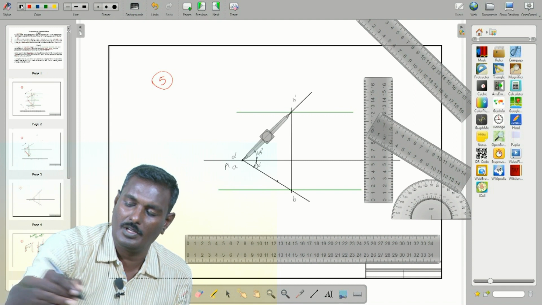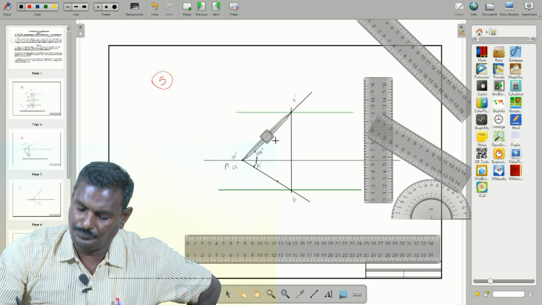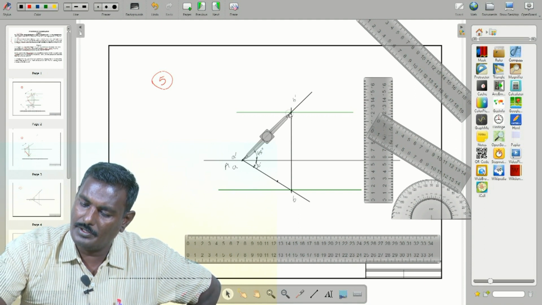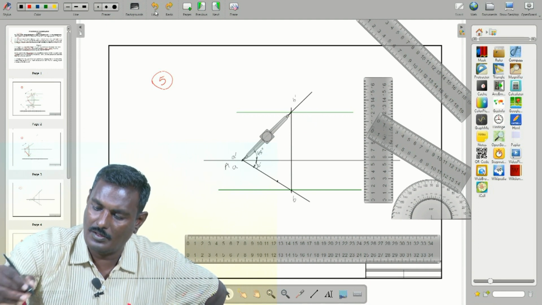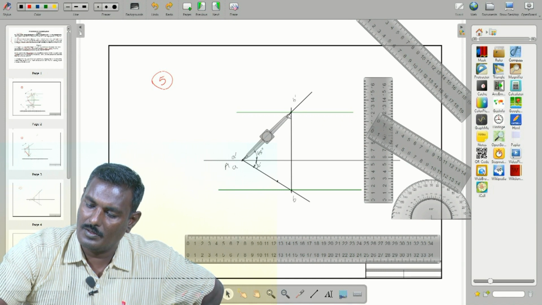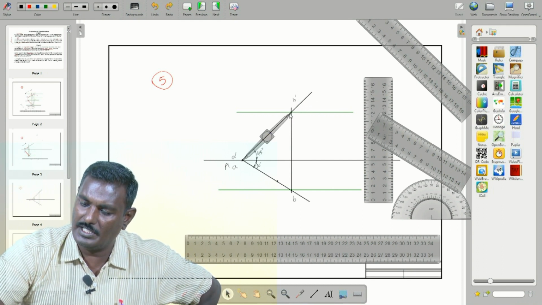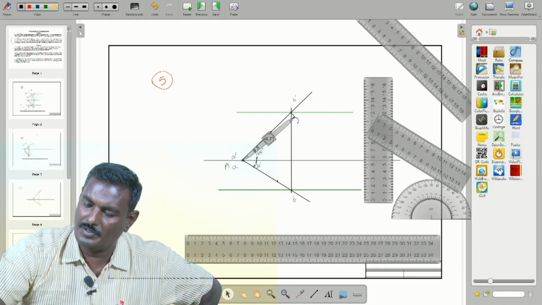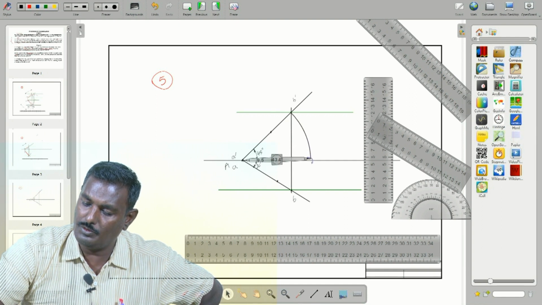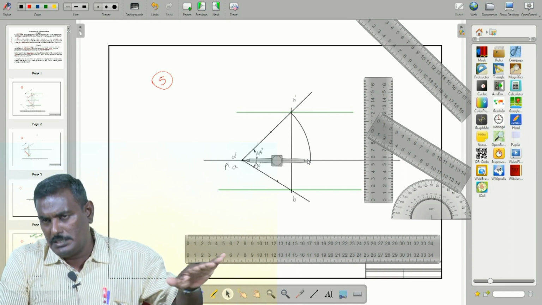Measure a dash b dash as radius and make an arc up to the XY line, because I stated the locus line lies in the same.